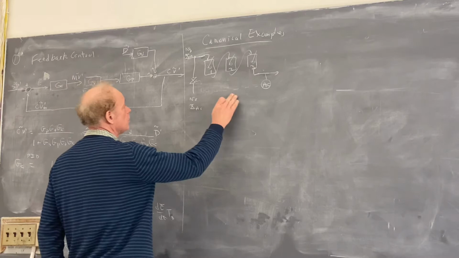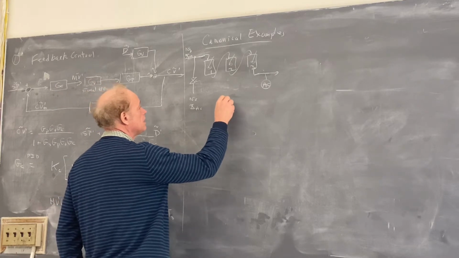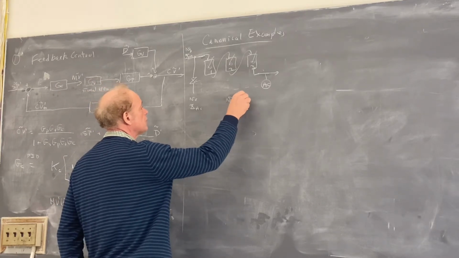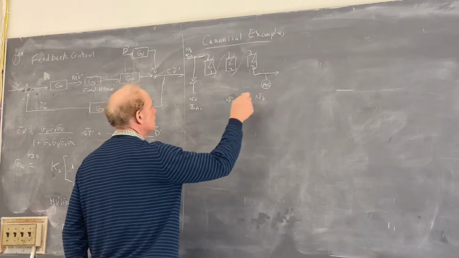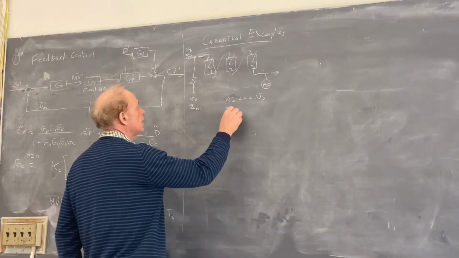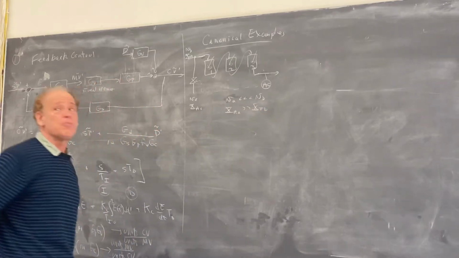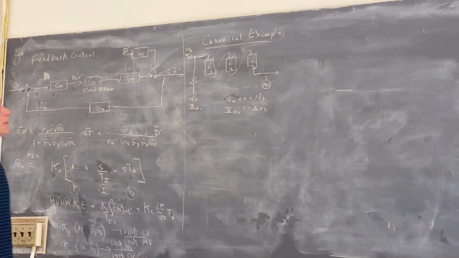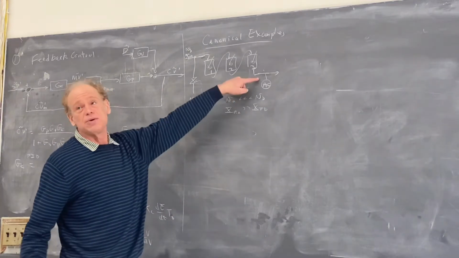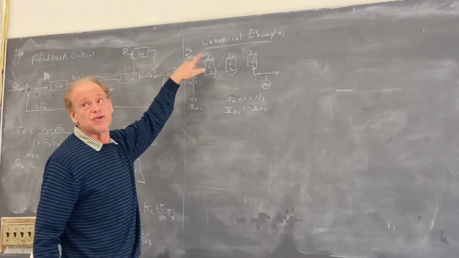Where you can note that we said that VA is much, much less than VB, but XAA is much greater than XAB. And the point of this process was that if we don't like what's coming out in the output, we can spike the feed.